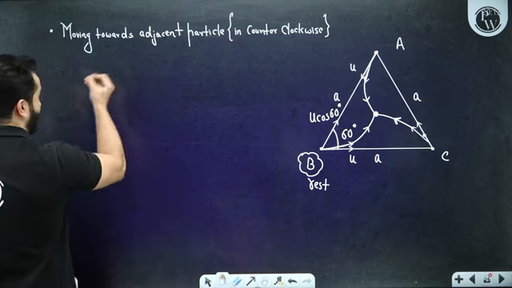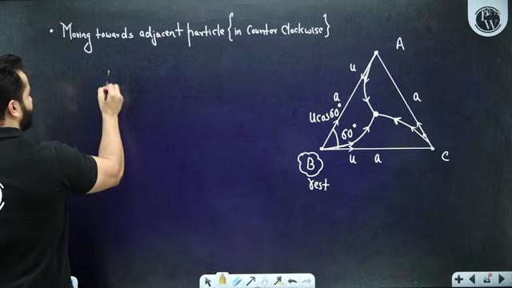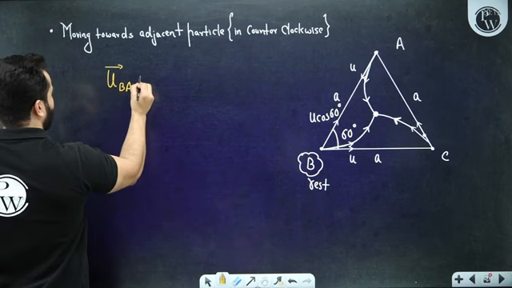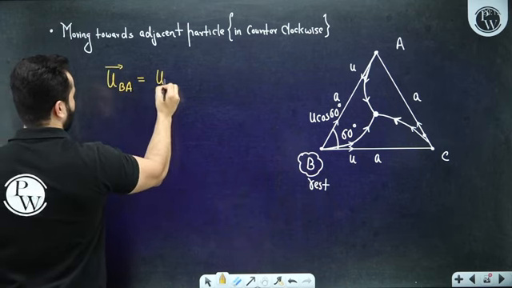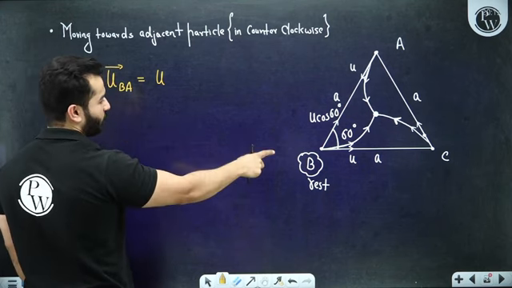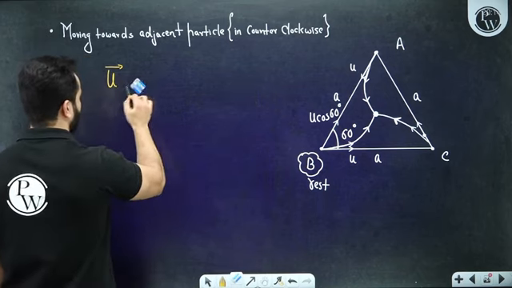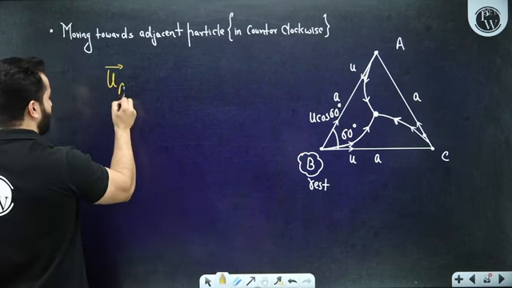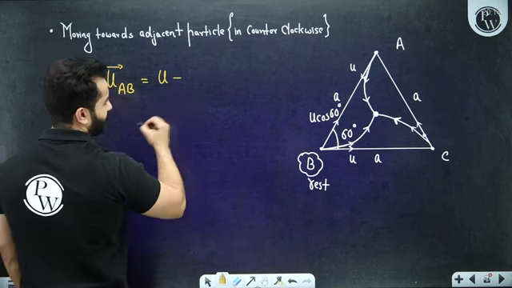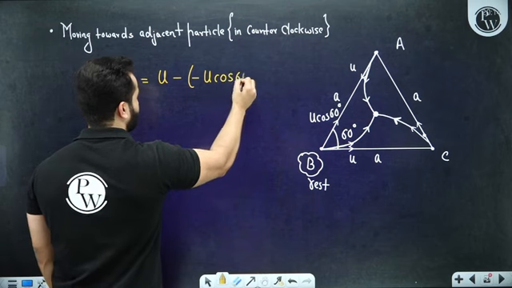And see how I'm going to write it vectorially. I'm going to write the velocity of B with respect to A, let's rewrite it as UAB. So it is going to be u minus, and I'm going to write minus of u cos 60, and I'll explain why.